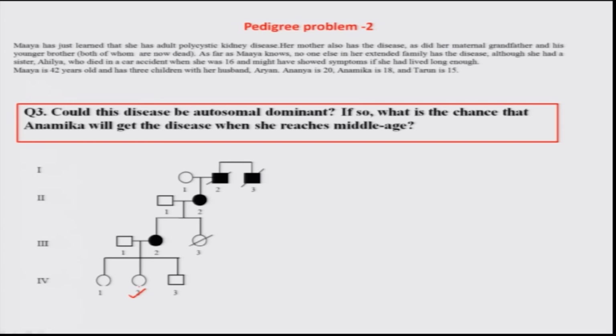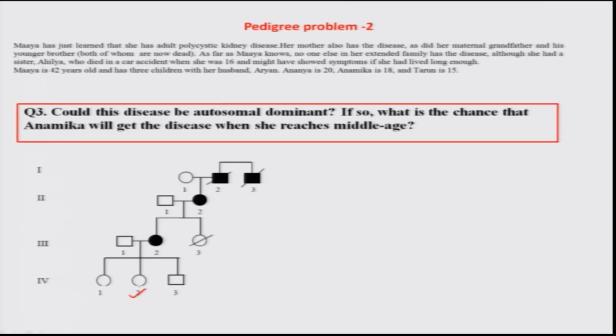It seems very likely that this is autosomal dominant, because if you have gone through lecture one of week 1, where we explained the pattern of autosomal dominant inheritance, it shows in all generations, and it affects male and female equally. So, it seems very likely that this is autosomal dominant.